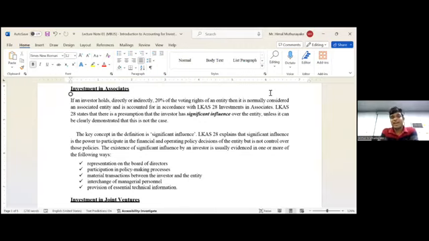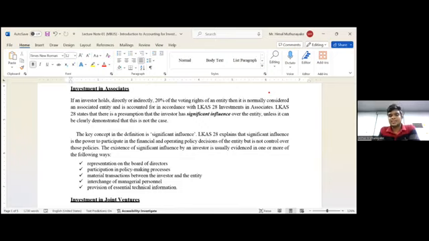Basically, if an investor holds directly or indirectly 20% of the voting shares or voting rights of an entity, then it is normally considered an associate entity, and it is accounted for in accordance with LKAS 28 Investments in Associates.